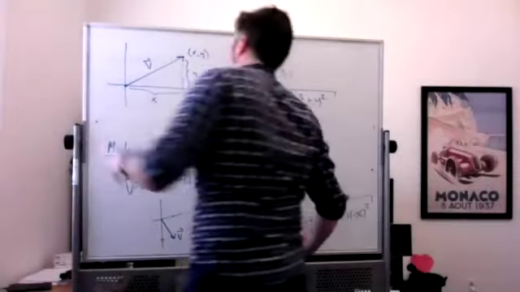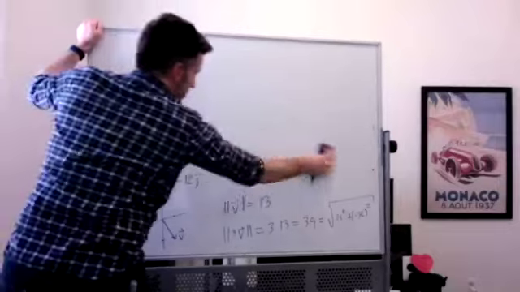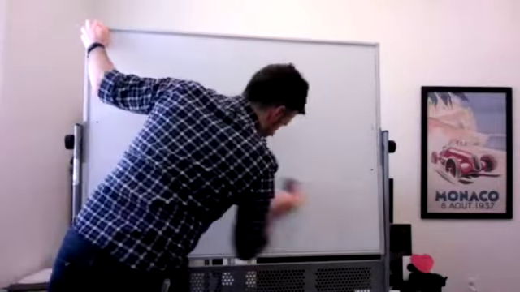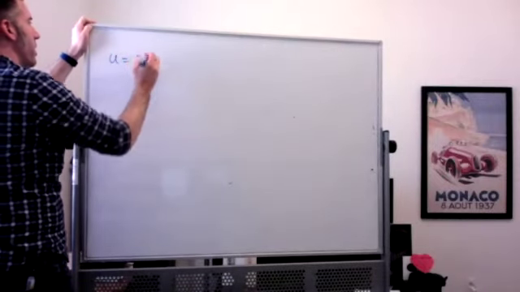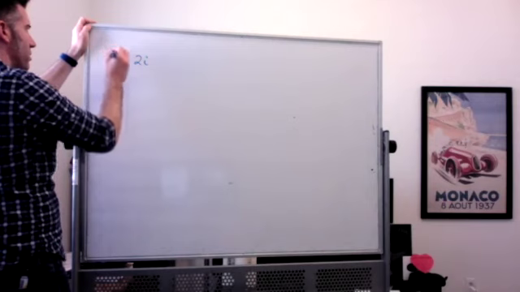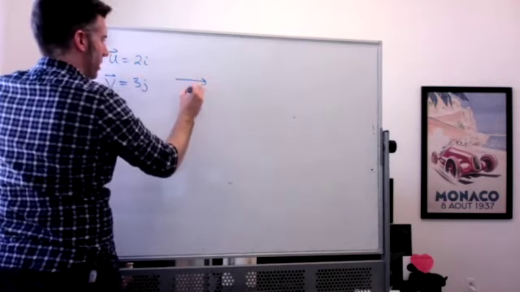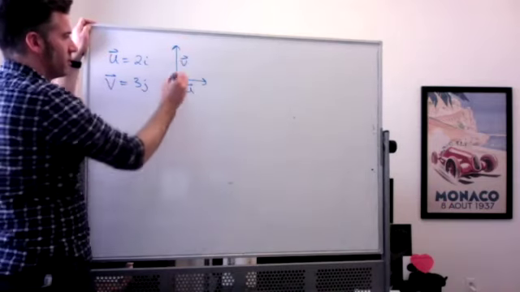On the other hand, what if u and v are perpendicular to each other? So what if u is still equal to 2i, but now v is equal to 3j? So u looks like this, v looks like this.